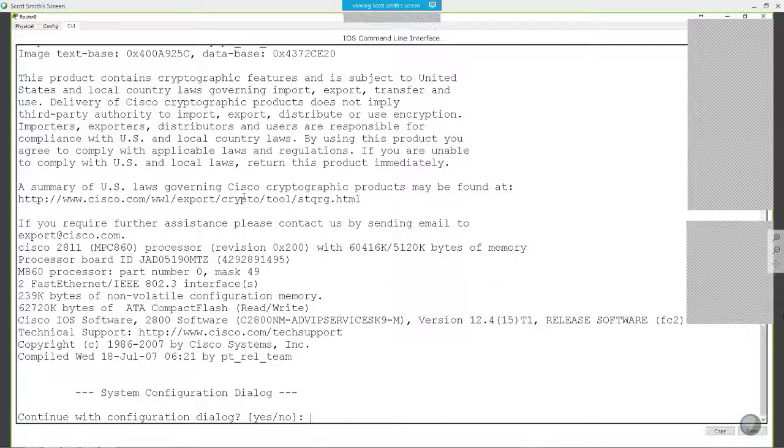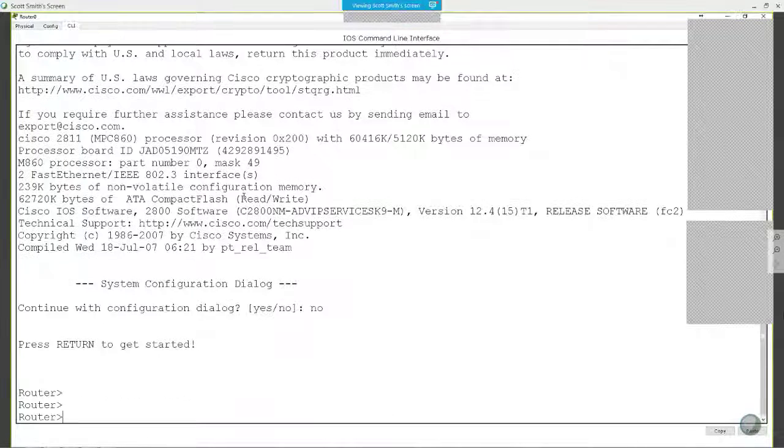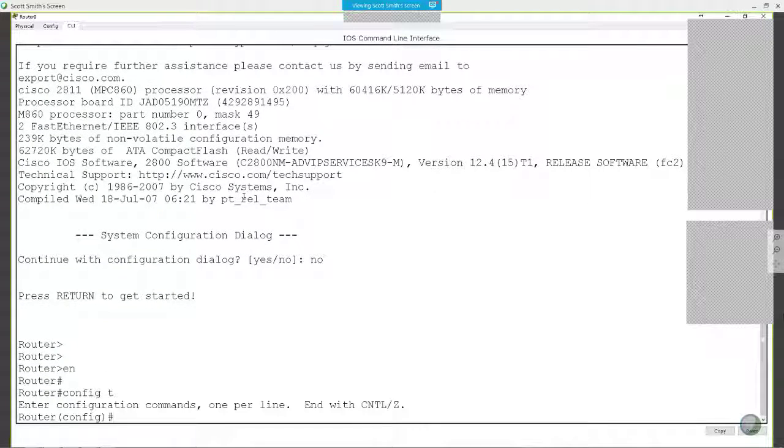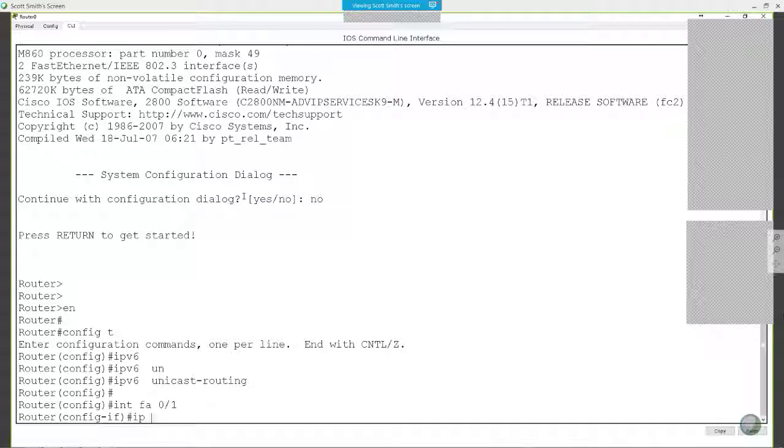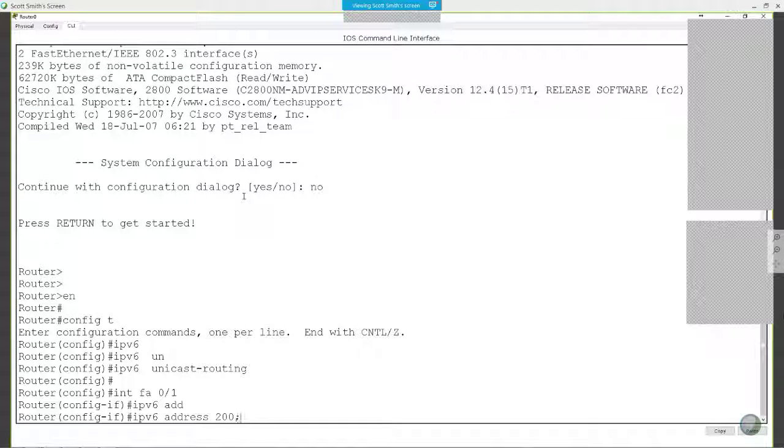So, config T, IPv6 unicast routing. That's what enables IPv6 routing on a router, by the way. Interface FA0/1, IPv6 address 2001:: /64 EUI-64.